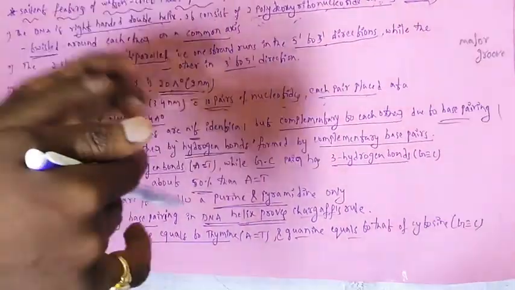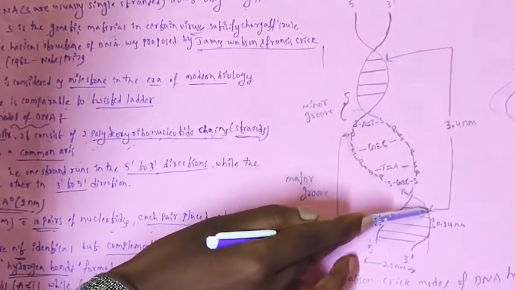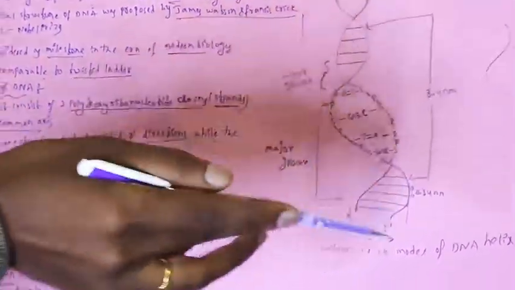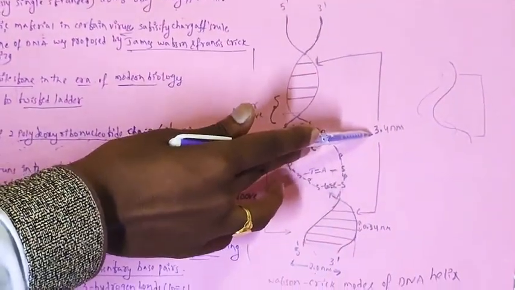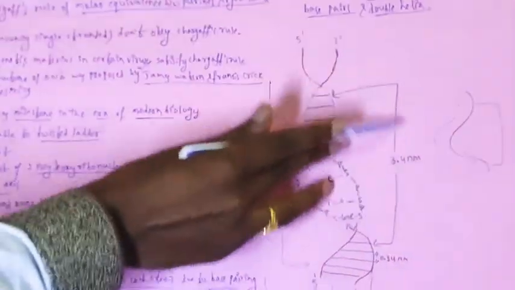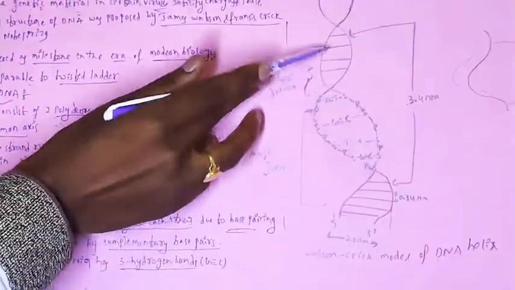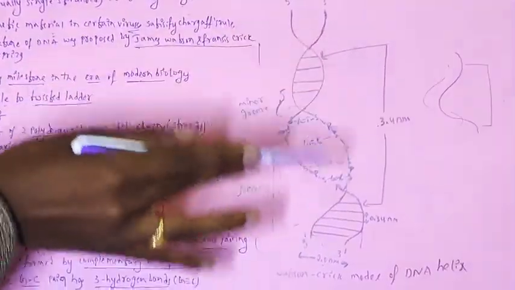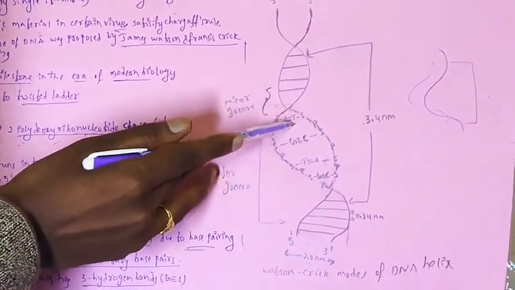You can consider each turn of this, up to here, as one helix turn, having 3.4 nanometers or 34 angstroms. In each turn of the helix there are 10 pairs of nucleotides, meaning adenine, thymine, guanine, cytosine. Adenine connected with thymine is one pair.